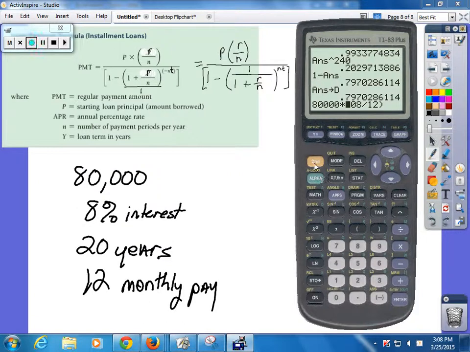Second function, insert, and delete. 0.08, sorry. Insert again. And enter. And divide that by, hang on, alpha D. So your payment's going to be around $670.